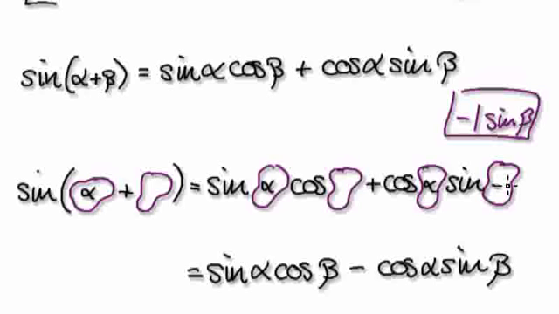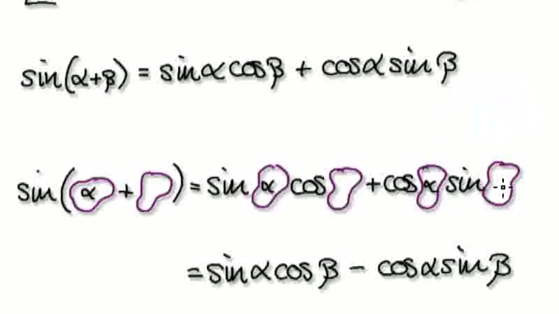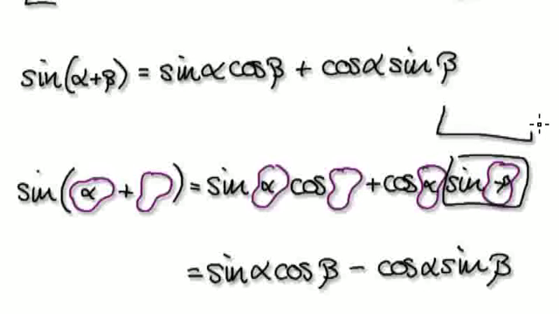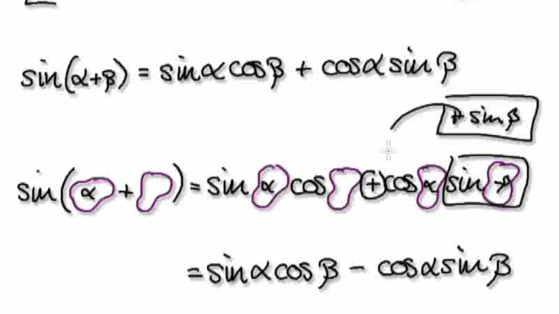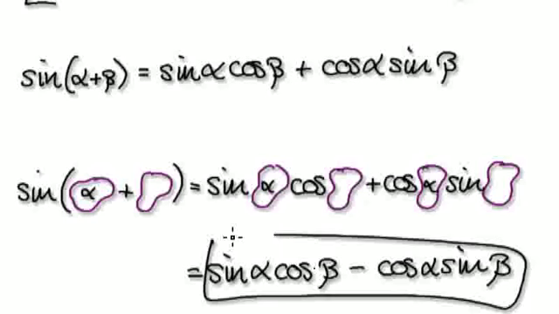So when you have minus beta here, this block here is minus sine of beta. Okay, so now here is a positive, and then you've got a minus here, so that will then become this. So overall, it will become this.